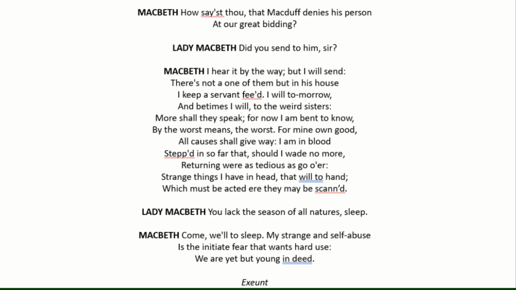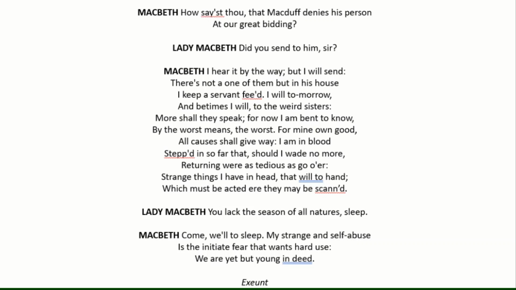I am in blood steeped in so far that should I wade no more, returning whereas tedious as go over. Strange things I have in head that will to hand, which must be acted ere they must be scanned. You lack the season of all nature's sleep. Come, will to sleep. My strange and self-abuse is the initiate fear that wants hard use. We are yet but young indeed. And then the exit.